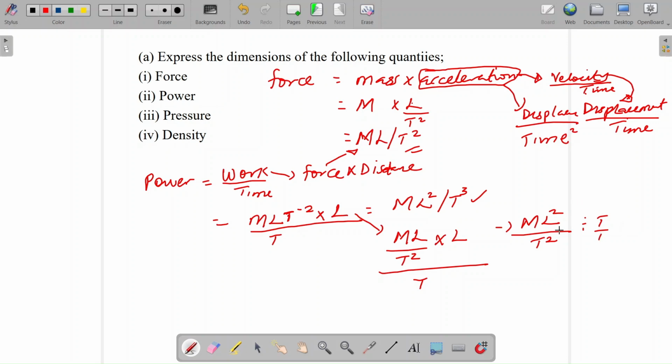If you take this to be multiplication, that is ml squared divided by t squared times 1 over t, which is still the same thing as this. So that is for power.